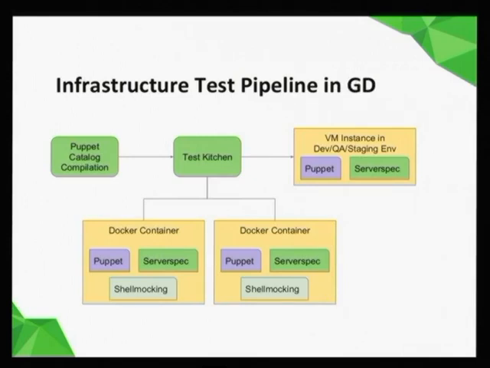Assuming that everything's fine, it promotes the code under test to the next level, which is Test Kitchen. And Test Kitchen operates by provisioning Docker containers. It puts Puppet under test into a Docker container, and runs the test suite there.